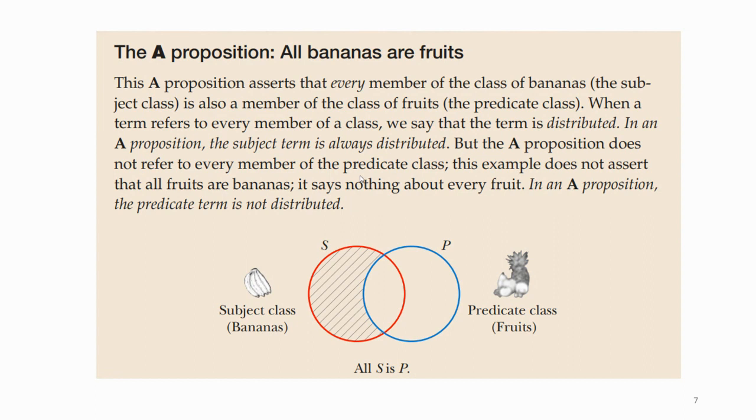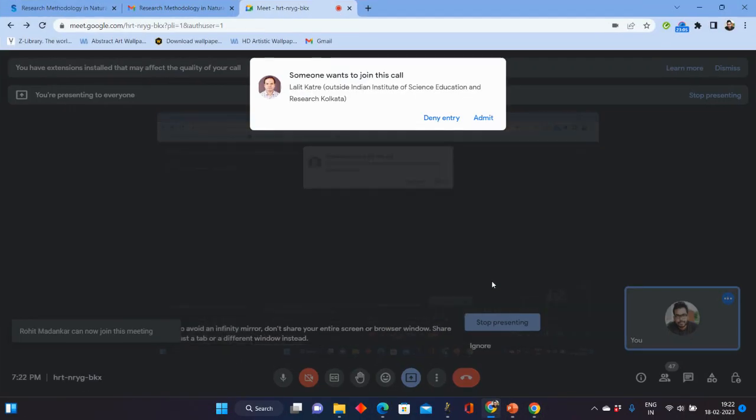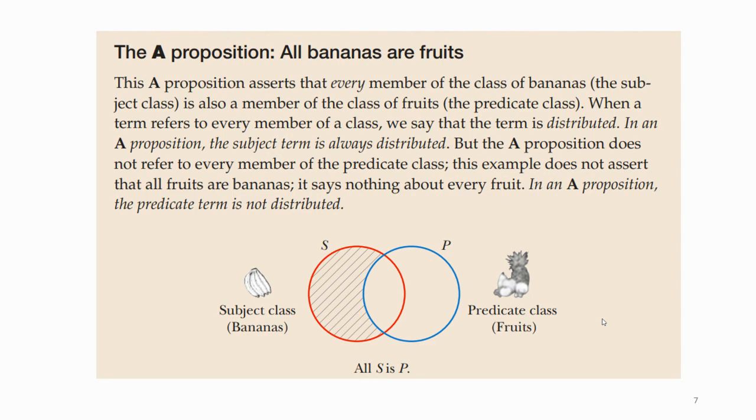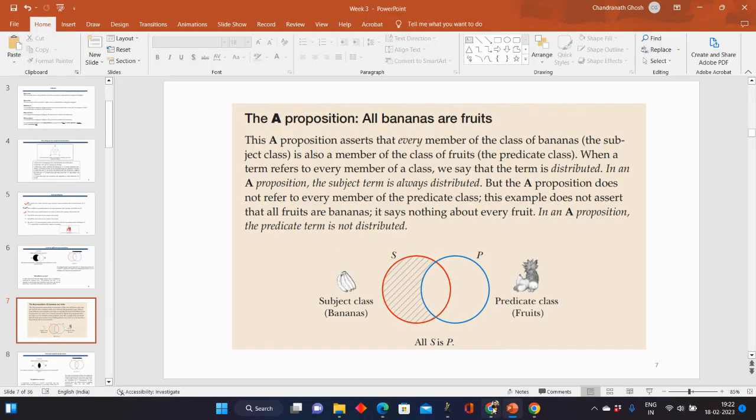It is describing that all the bananas are included in the category of fruit. It means banana is distributed, but not fruit, right? So it is not confirming anything about the predicate class, fruit, but it is confirming about banana. This example does not assert that all fruits are bananas, so the opposite is not true.